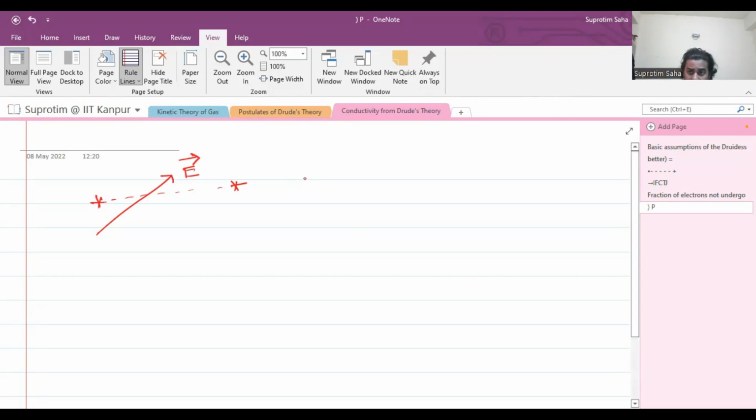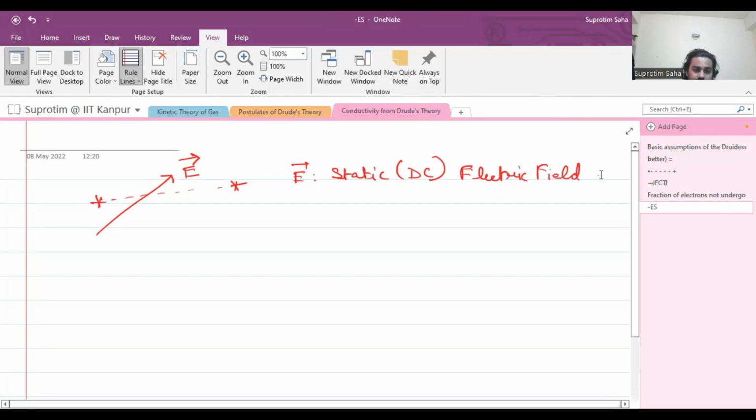For the preliminary case, we are going to talk about a stationary electric field, a static electric field. It's a DC field. So E is a static or DC electric field.